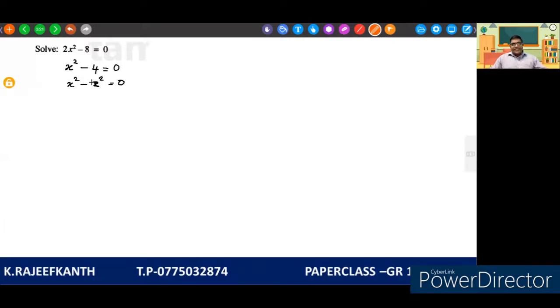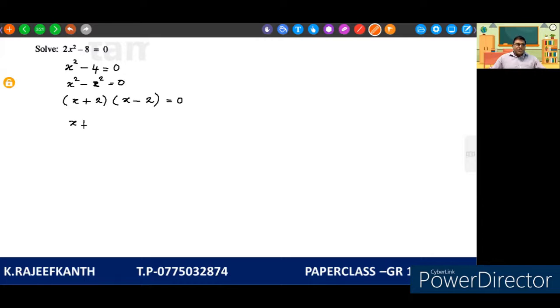Now we know that this is in the format of a squared minus b squared. Then we add, x plus 2, and we subtract, x minus 2. Then x plus 2 times x minus 2 equals 0. Now the product of two expressions is equal to 0, so one expression must be equal to 0.